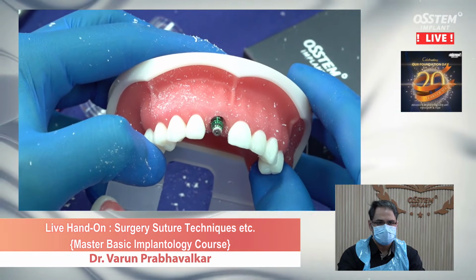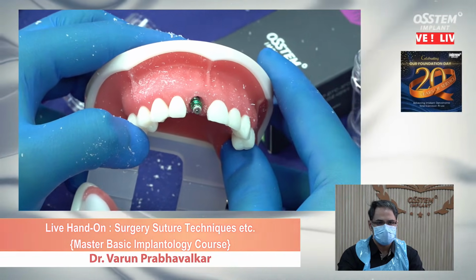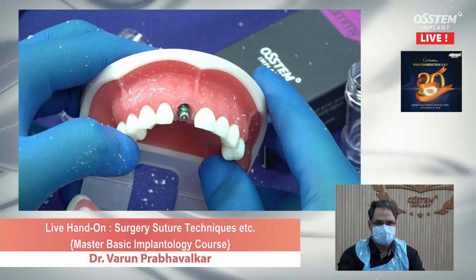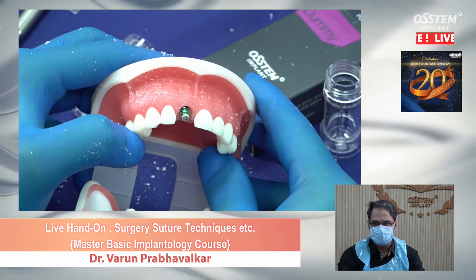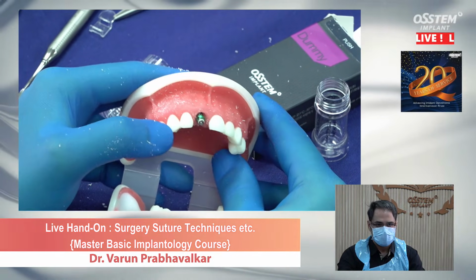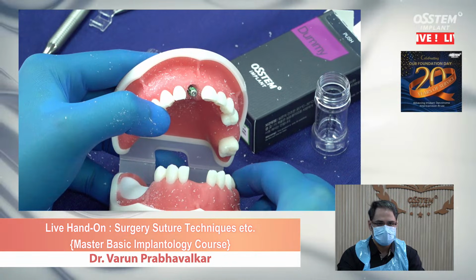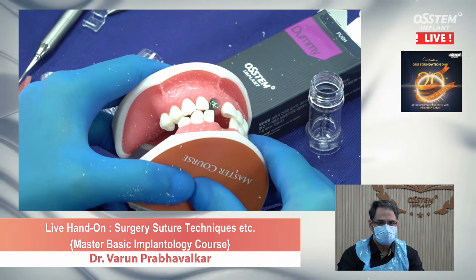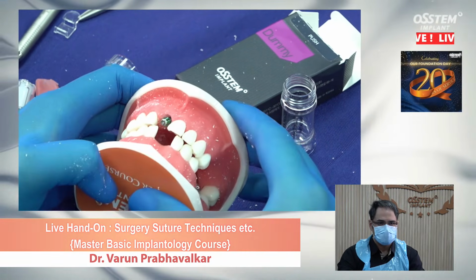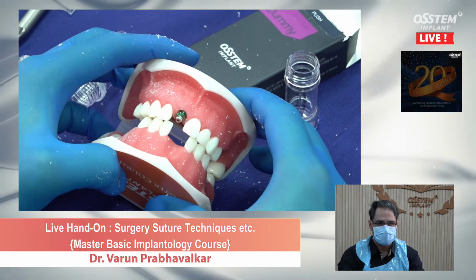It would be aesthetic. Or with this stability, strong recommendation is you do a temporization and put an acrylic crown, so that it maintains the architecture of the soft tissue. Okay, this is how we have our implant placement and angulation.